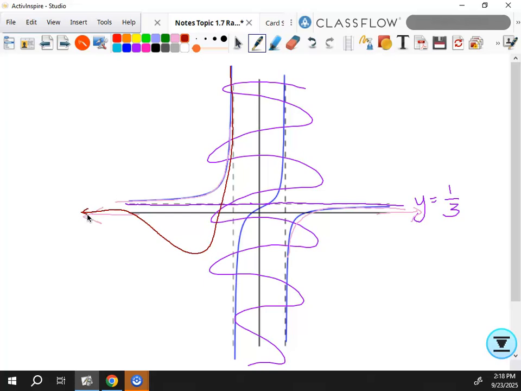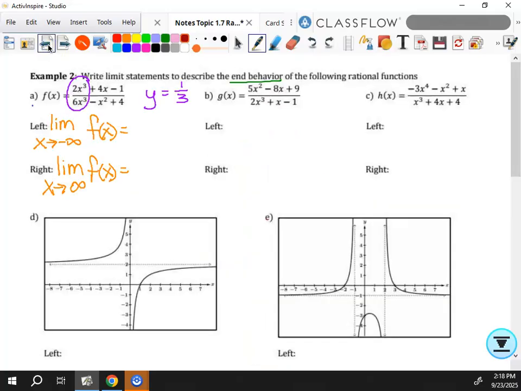So the limit as x is approaching either infinity is going to be whatever that asymptote is, because it doesn't even matter if it's coming from the bottom or the top. That's what we're approaching. So our answers here are the asymptotes: 1/3, 1/3. That's it. The y value is approaching the asymptote, which is at 1/3.